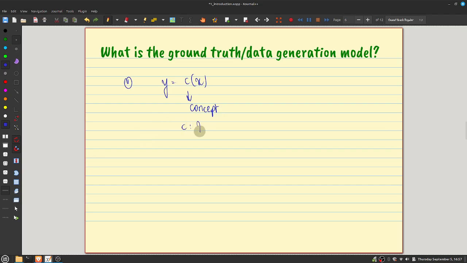So C is a map from the domain set to the label set, and we will assume that C comes from some set of functions, and this set of functions is called a concept class.